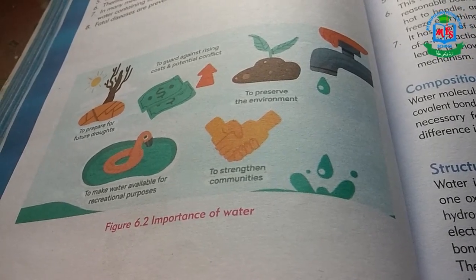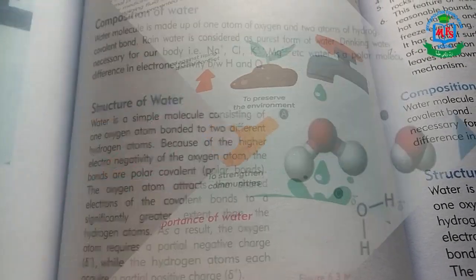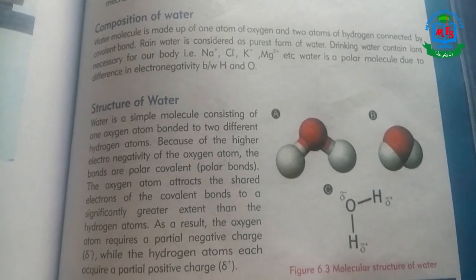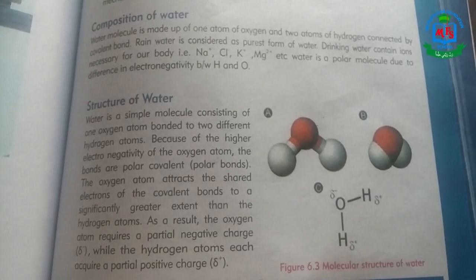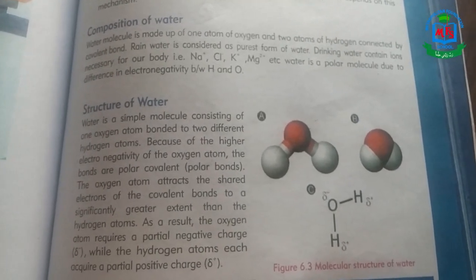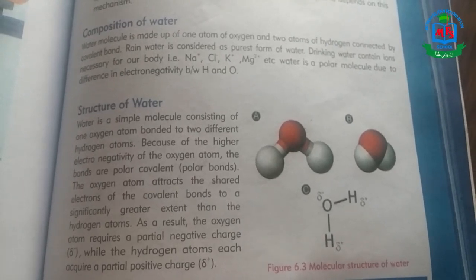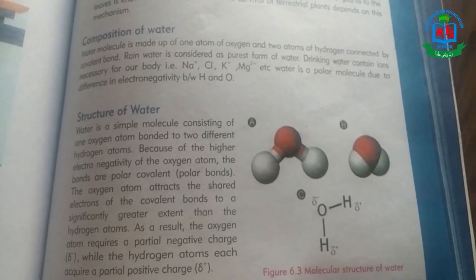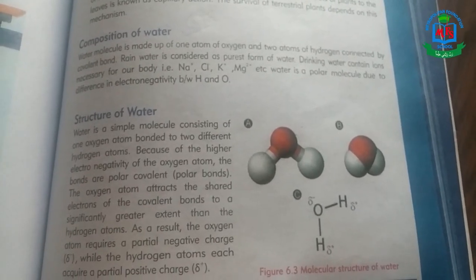Now we discuss the composition of water. As you know, students, the chemical formula of water is H2O. It means a water molecule is made up of two basic elements. First one is oxygen and another is hydrogen.